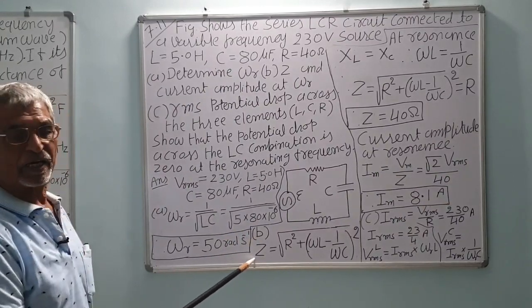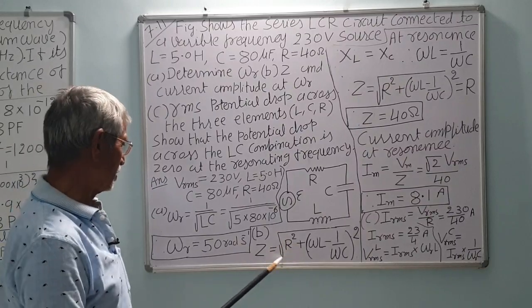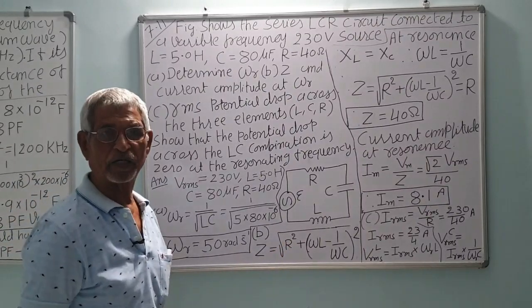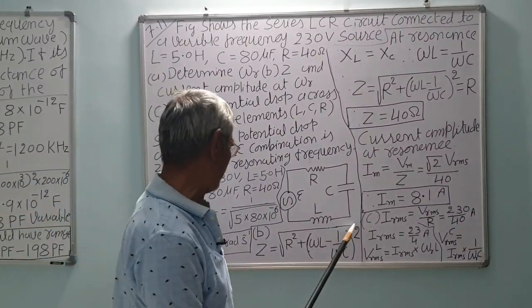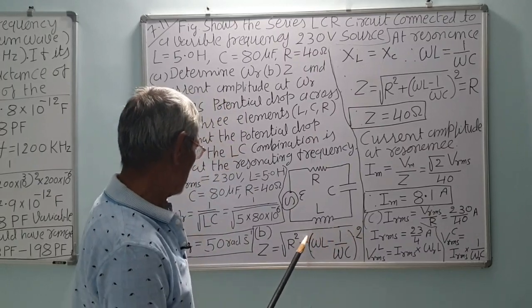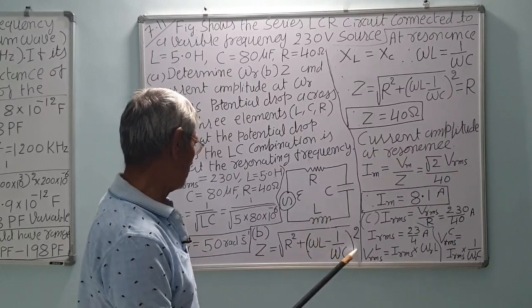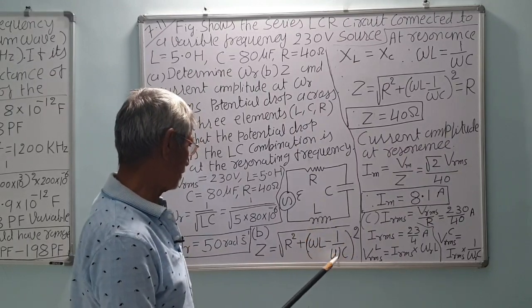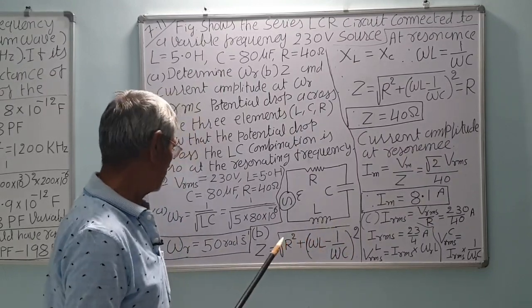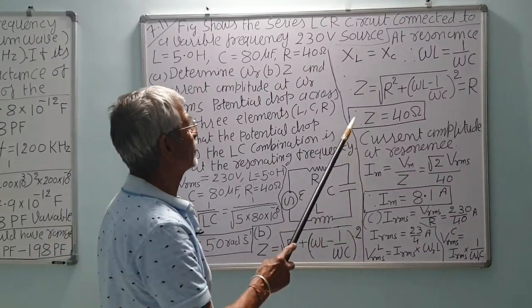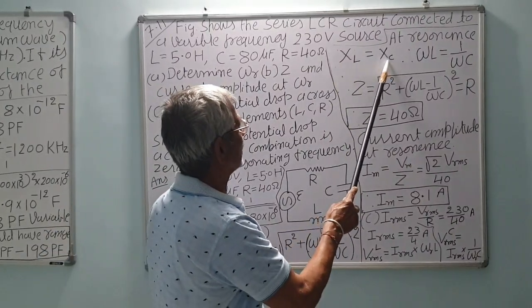B. Now the impedance Z is equal to under root R square plus bracket omega L minus 1 upon omega C, bracket square. We know that omega L is equal to 1 upon omega C at resonance, because XL is equal to XC at the resonant frequency.